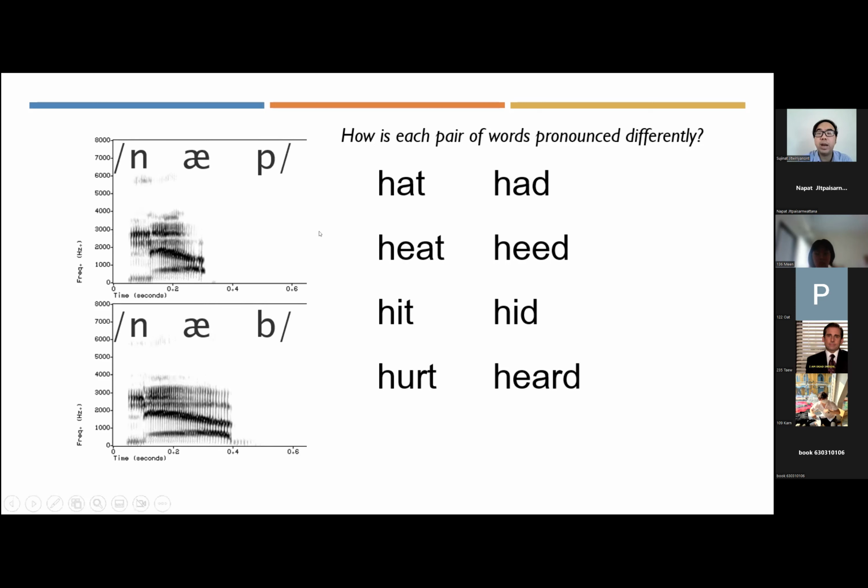So with the sound wave, it could illustrate more correctly and insightfully what the difference is. If you compare the word nap and nab, you will see that for nab, with the voiced b, the vowel is lengthened. So with the use of visualization of the sound, you can see exactly what the difference is and what the realization of each production is.